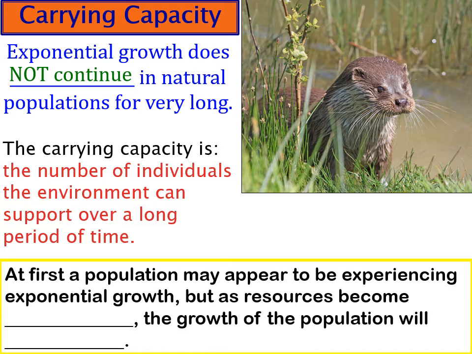So at first, a population may appear to be experiencing exponential growth, but as the resources become more limited and less available, the growth of the population will slow down. All right? When you don't have enough food, you're not going to be able to produce as many offspring.